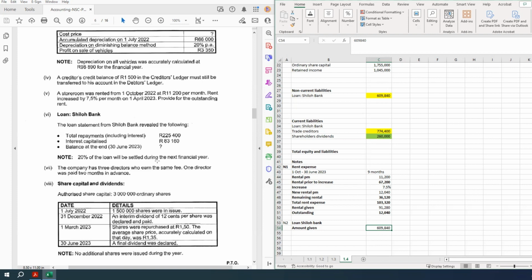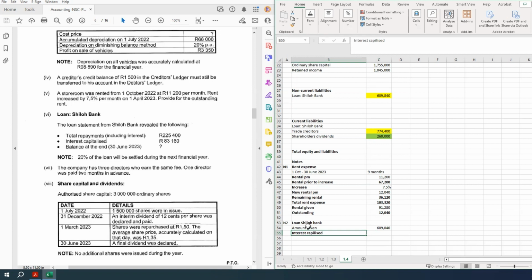Because, as mentioned, they would have known how much they've paid. And to record this 225, your journal entry, if you think about it, you would debit the loan to reduce the loan and you would credit bank because you've paid it. So I'm comfortable this 225 has gone through, but the only thing I still need to look at is the interest and add the interest. I hope that makes sense. So let's do that.